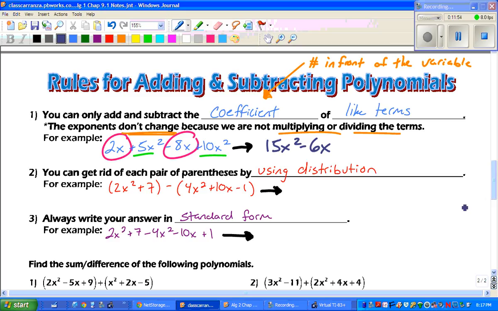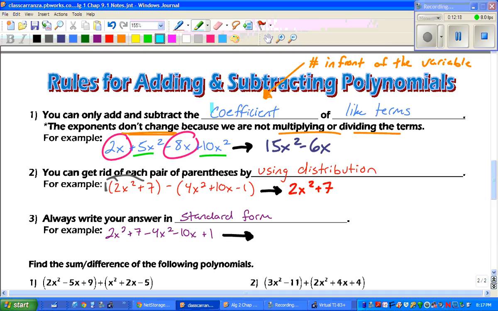Now number 2, you can get rid of each pair of parentheses by using distribution. Now, what number would I be distributing in front of the 2x squared plus 7? Well, there's a positive 1, and I would distribute that. And when I distribute that, it actually stays the same.